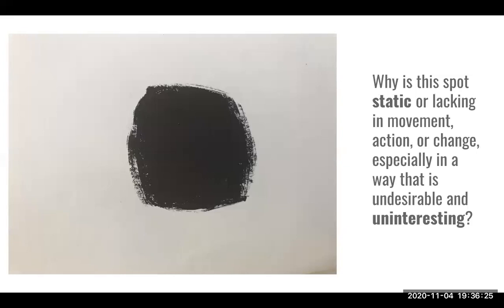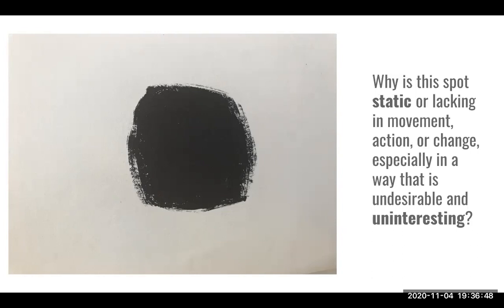So we're going to talk a little bit about placement, because you saw, hopefully, the composition presentation before. This goes within composition, or the way that shapes relate to each other, and how it's important to consider where you place your shapes on the page. So we're going to look at a simple dot on a white piece of paper.